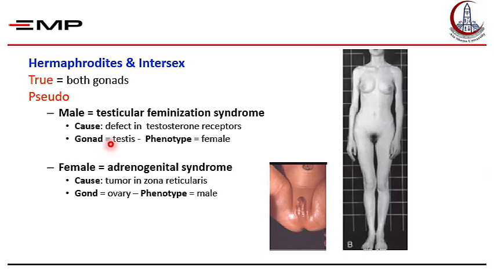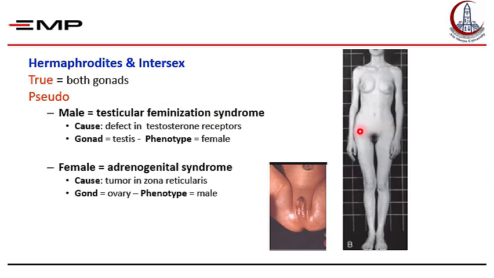Sometimes the phenotype, or the external appearance, does not match the true type. In male pseudohermaphroditism, a condition called testicular feminization syndrome, the person is XY. He has a testis, but it's undescended.